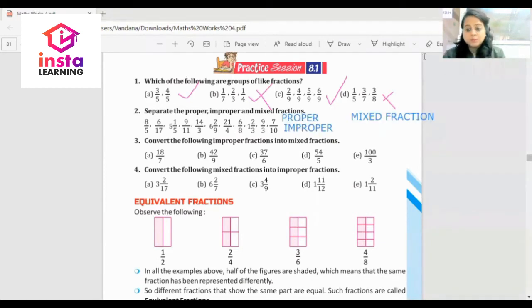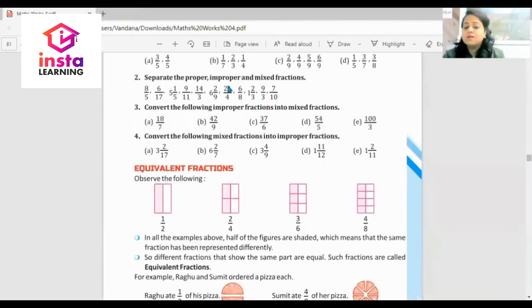Yes, students, proper fraction means in which the numerator is smaller than the denominator, and in improper fraction the denominator is smaller than the numerator, and in a mixed fraction there is a whole number and a proper fraction, that is called a mixed fraction.